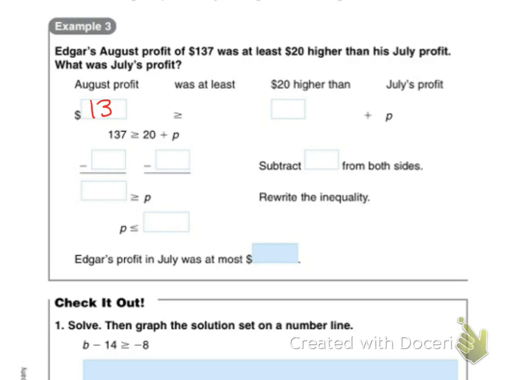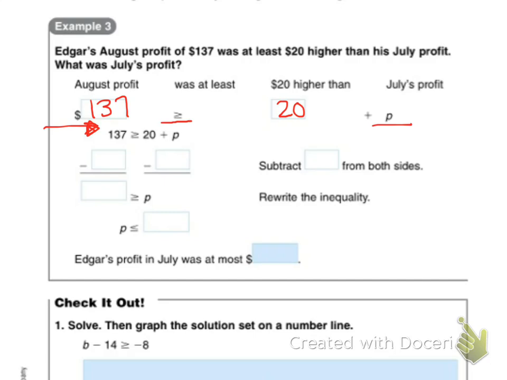So his August profit was $137, and that was at least, so that was greater than or equal to, $20 higher than his July profit. So we have P for July profit and fill in the $20. So this is our equation right here. $137 is greater than or equal to $20 plus the July profit.